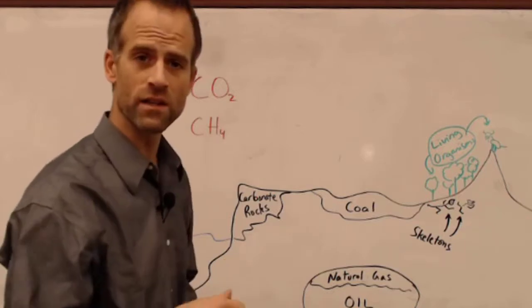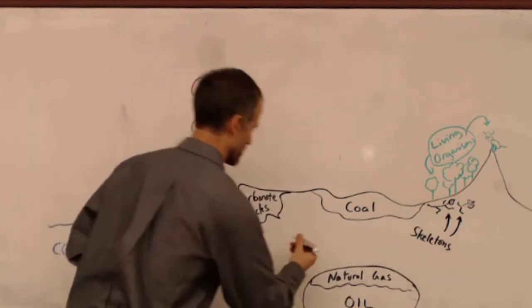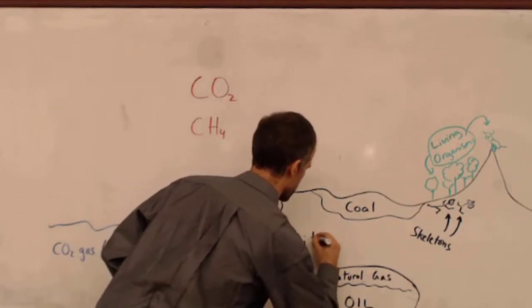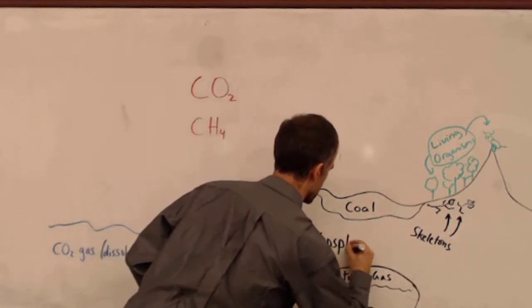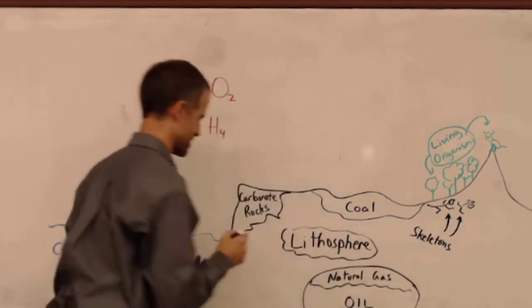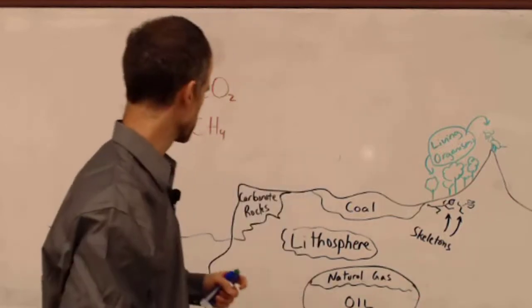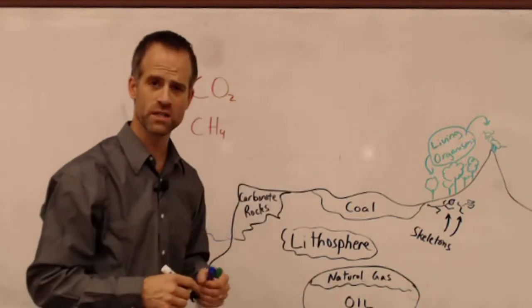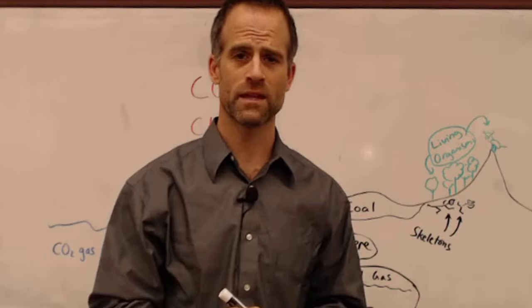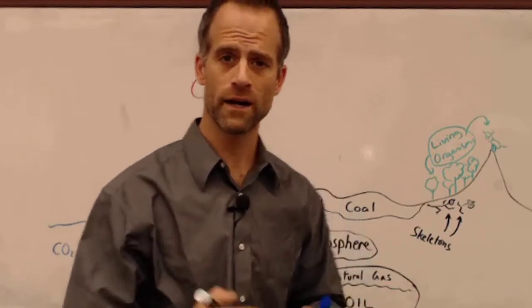So I'm going to look at the lithosphere first. We have the lithosphere, and that is belonging to the Earth, rocks and such. Where is carbon stored? Well, it can be stored as carbonate rocks, so things like chalk. The chalk that you're used to, that's a carbonate. That's carbon.